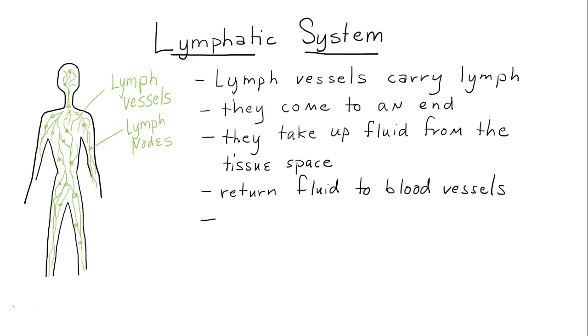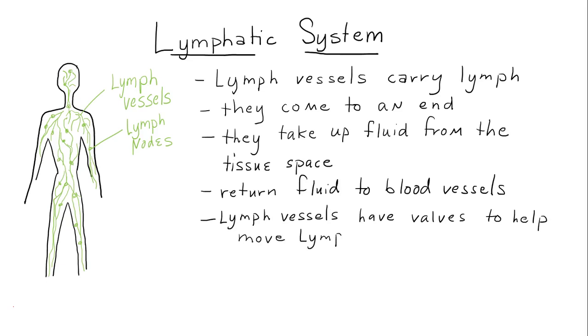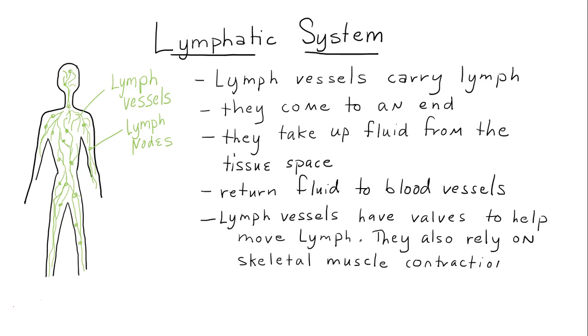But lymph vessels do have valves that help them move lymph, and they also rely on skeletal muscle contraction to get the lymph to circulate through the lymphatic system and back to the bloodstream.